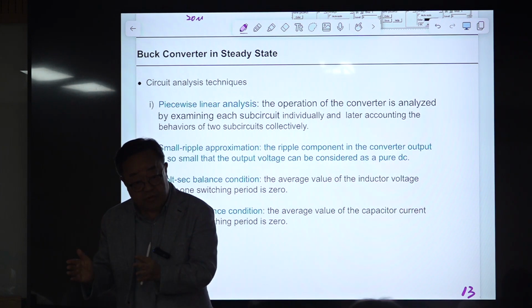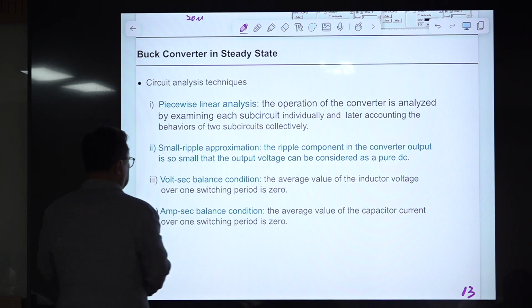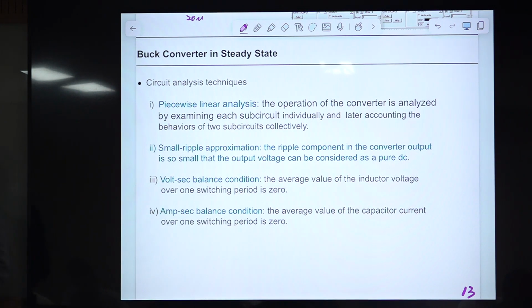That is the volt-second balance condition. For the inductor voltage, we are always applying DC. Then the area of this and the area of this VL should be the same for one switching period.